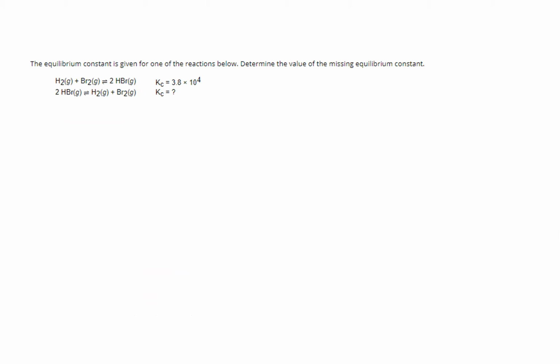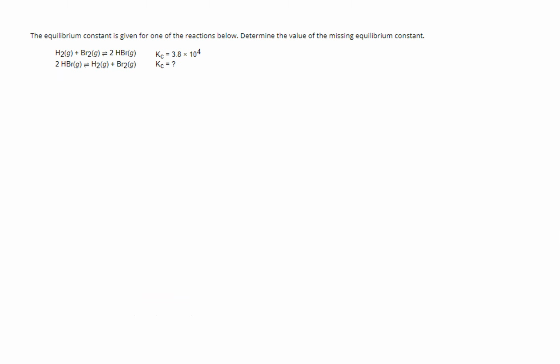Moving down. Let's see here. For our next question, the equilibrium constant is given for the following reaction below. Determine the value of the missing equilibrium constant. So in this case, we have two reactions.